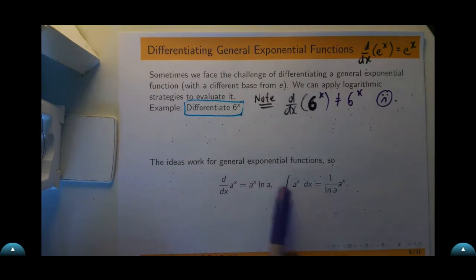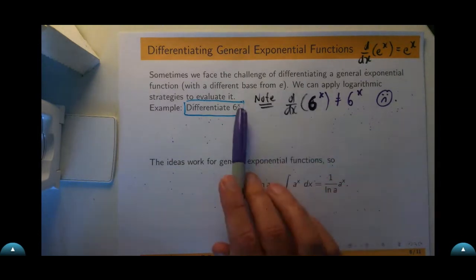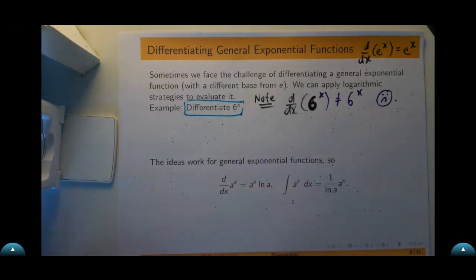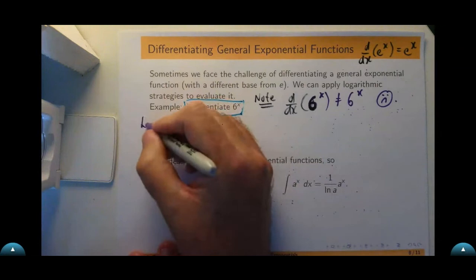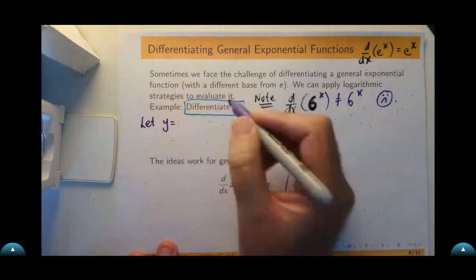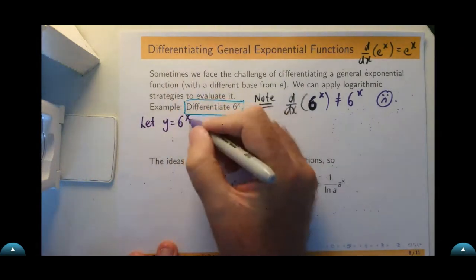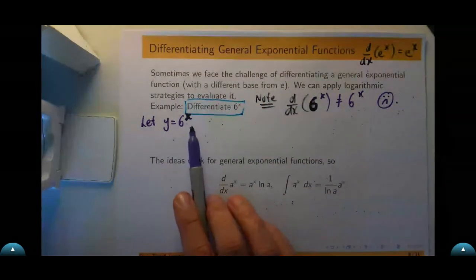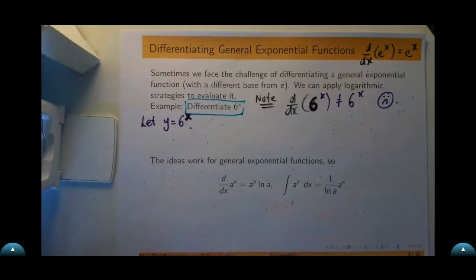Yeah, Abdul Rahman, you're on the right track. You can see it down here. But let's do this by first principles in some sense, and I'll show you how to do it. So let y equal 6 to the x. We're going to use an idea called logarithmic differentiation.